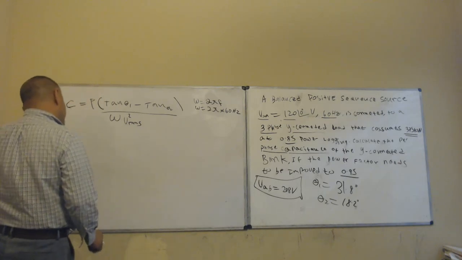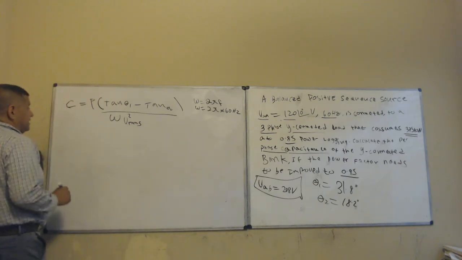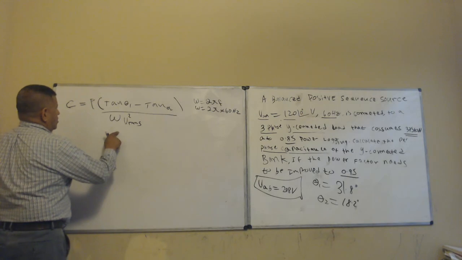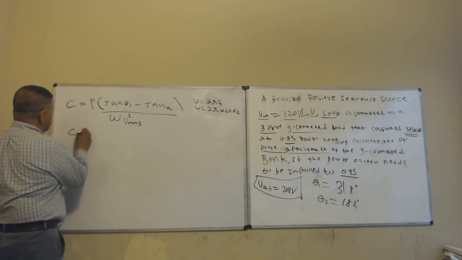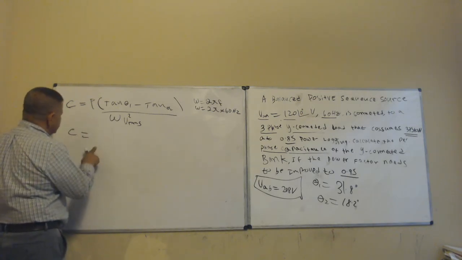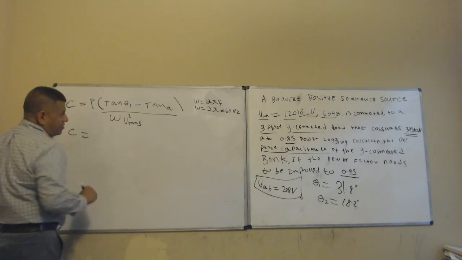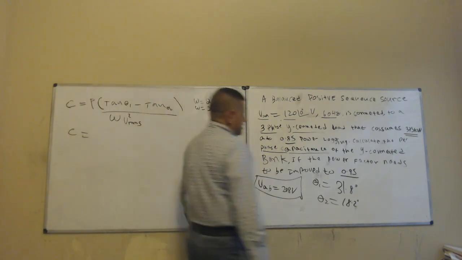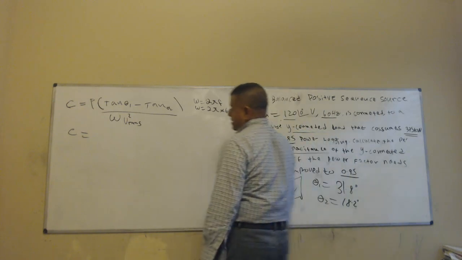So when we do that, what do we get? We get the following. C is equal to power, which is this guy. We have that one.